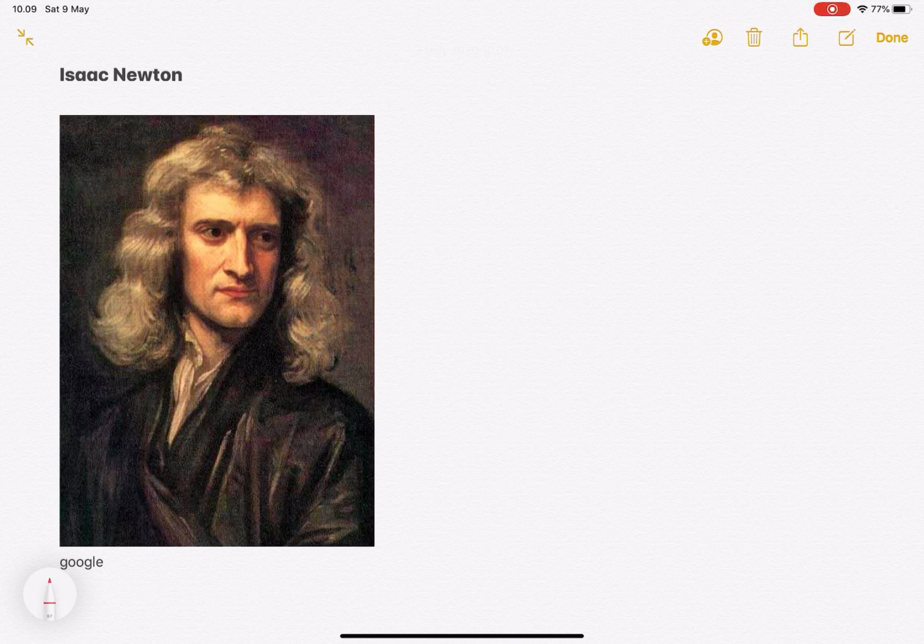First, we need to understand that Isaac Newton was responsible for our understanding of the law of gravitation, which is that the force of gravity between any two objects is equal to the gravitational constant multiplied by the product of the two masses divided by the square of the distance between them.